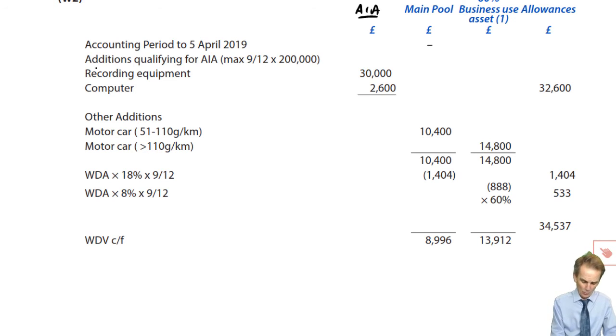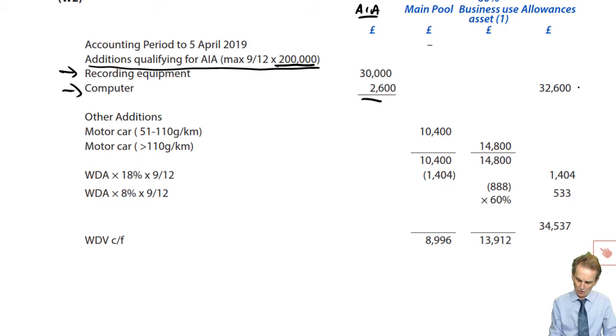And we know, as we always do, we list out firstly for this accounting period the additions qualifying for AIA. As we knew, we had to net down to time apportion that AIA limit of 200,000. That was 150. Well, the recording equipment and the computer, which is normal qualifying plant and machinery, get nowhere near that.